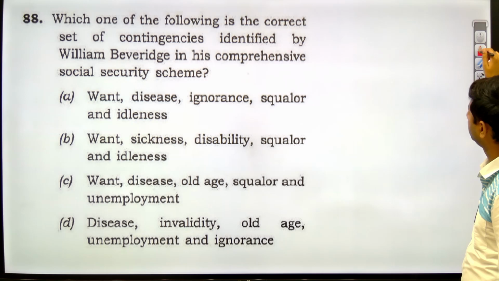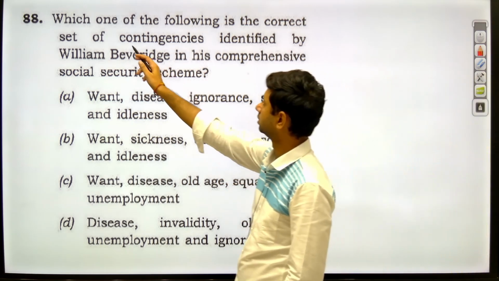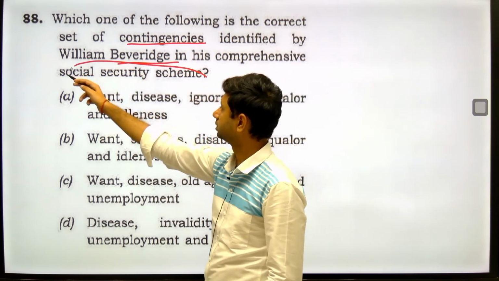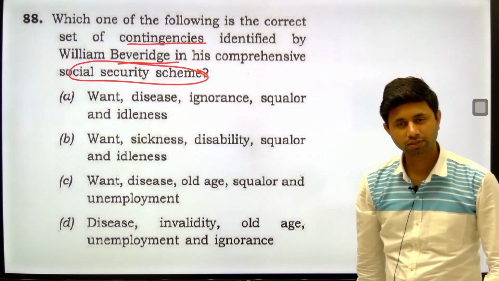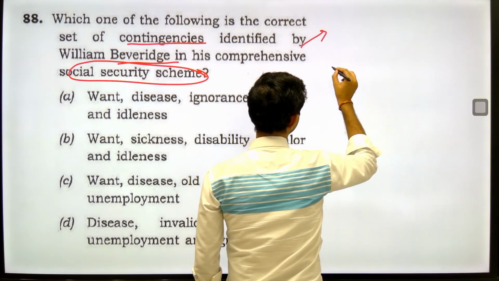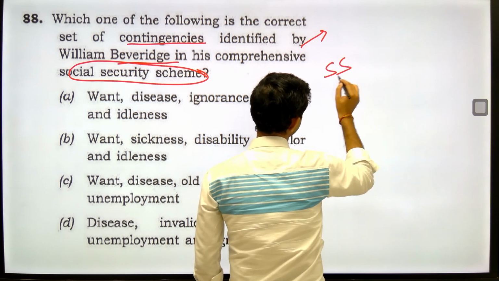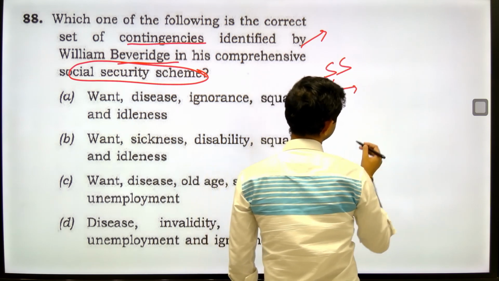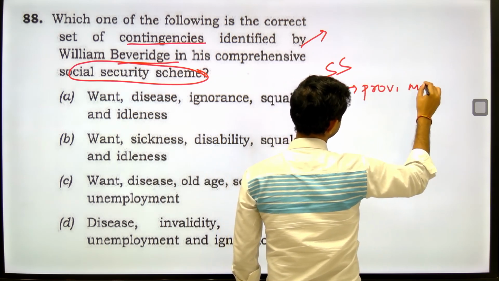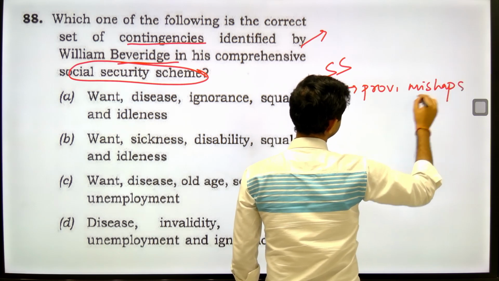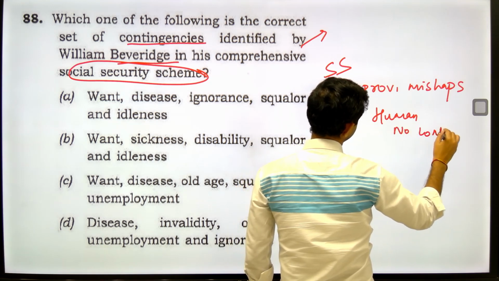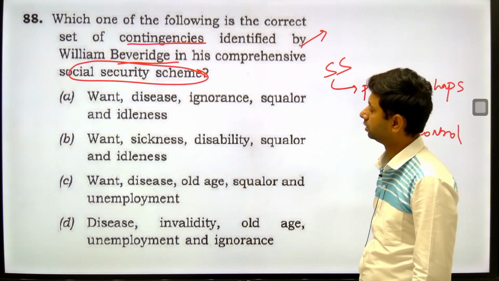Next thing is about which one of the following sets of contingencies was identified by William Beveridge in his comprehensive social security scheme. So this is a very theoretical aspect. Contingencies are important under the concept of social security, which talks about various contingencies or providential mishaps over which a human has no control. Okay, so these are the options.